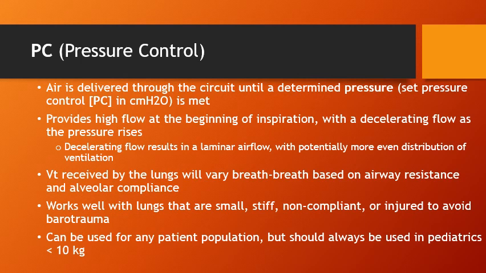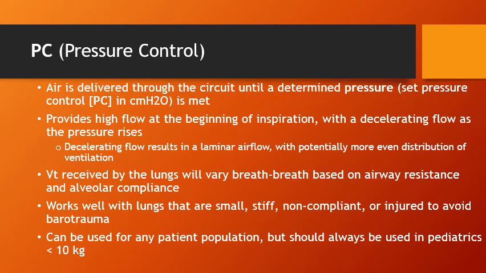So it gets kind of confusing here because the name of the breath type is pressure control. You can select that breath type. But also, if you do select this breath type, you have to select a number. You have to select the pressure that the ventilator is going to blow air until it meets. So that number is also called the pressure control. It's measured in centimeters of water.